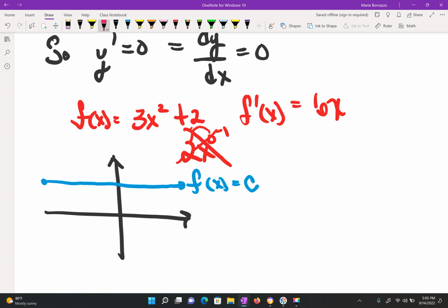You will also notice the other connection is the slope itself. Because it's a horizontal line, the slope is equal to 0. That's another leading factor that should help you. Are you good in the notes so far? Is anybody lost? So far, so good?